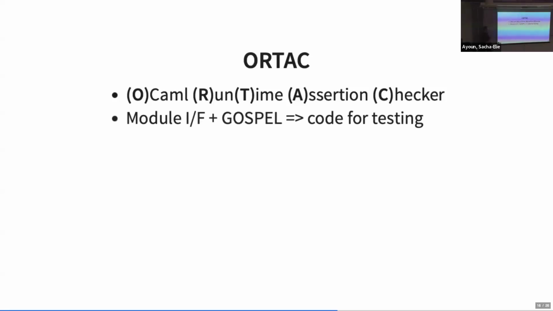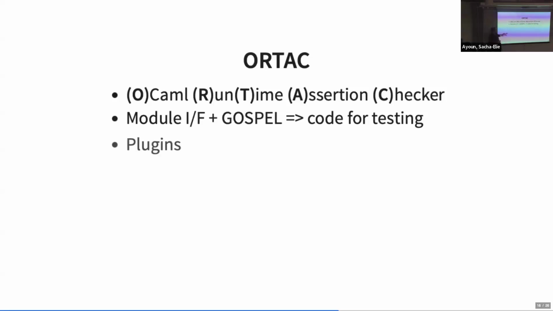The idea of ORTAC is that you take your module interfaces for your stateful data types and you annotate them with gospel contracts. Specifically, you annotate the particular data type itself, which by convention is usually called T, right? And then you specify gospel contracts for the different API functions. And what ORTAC then does is that it creates code for testing for you.